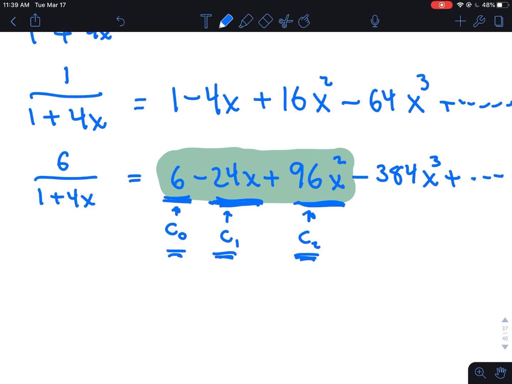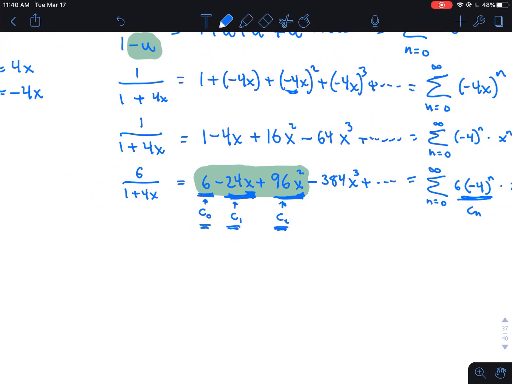So I want to make sure that you split them up. If they ask for the first three non-zero coefficients, that would be the 6, the negative 24, and the 96. If they ask for the first three non-zero terms, when it says terms, that means it has the x's with it. So in that case, we would include the x and the x squared. So make sure you're careful with your vocabulary between coefficients and terms.